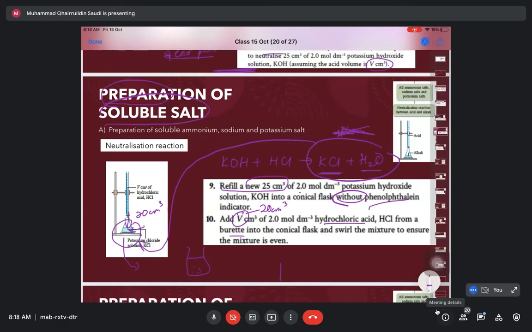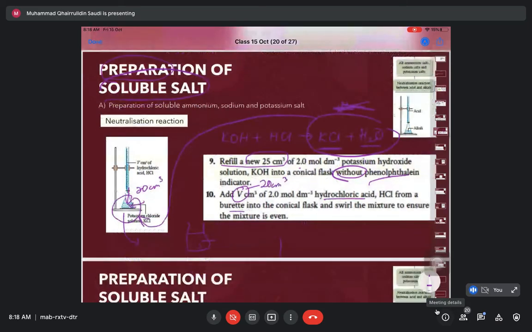Salt tu dah dissolve dalam water awak. Dia dah bercampur. Ingat balik, our aim is to prepare salt. So sekarang ni awak nak salt awak tu dalam bentuk kristal. So that is why kita kena buat this step. Okay? So we know that dalam ni ada potassium chloride plus water. Now kita nak asingkan water, kita nak potassium chloride sahaja. So this is what we are going to do. Next one. Baru kita buat step nombor 11.